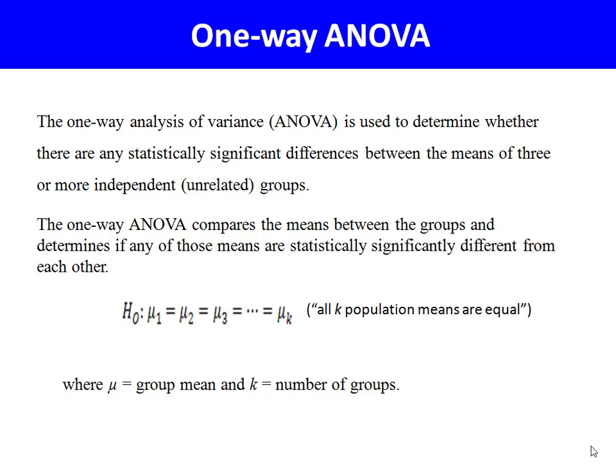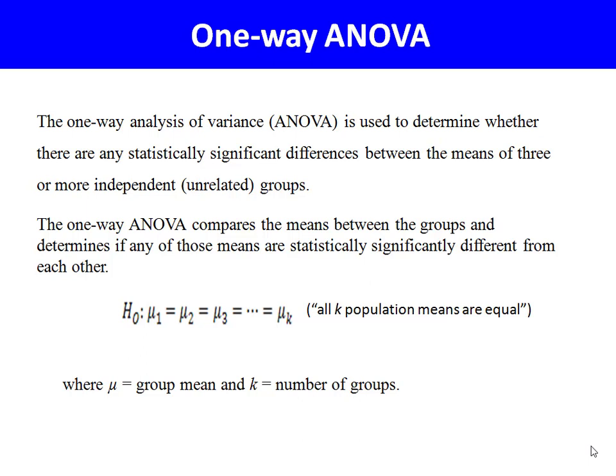The purpose of one-way ANOVA test is to determine the existence of a statistically significant difference among several group means. The one-way analysis of variance is used to determine whether there are any statistically significant differences between means of three or more independent groups.